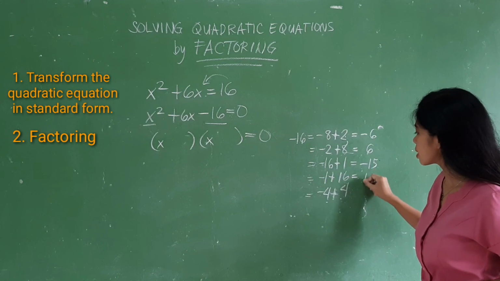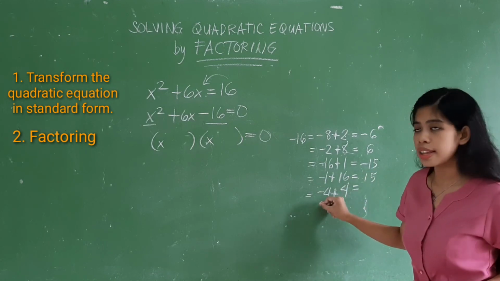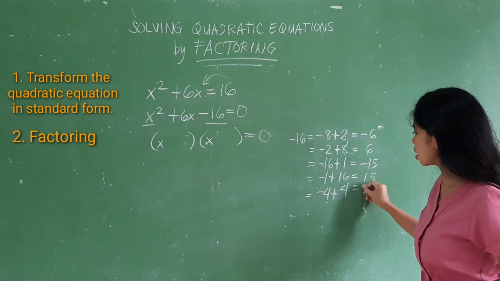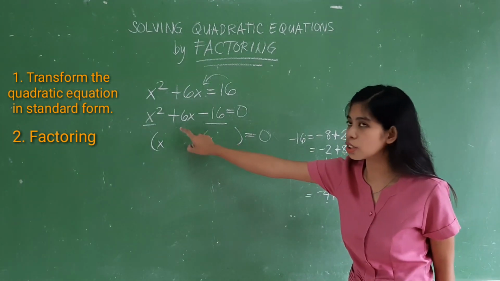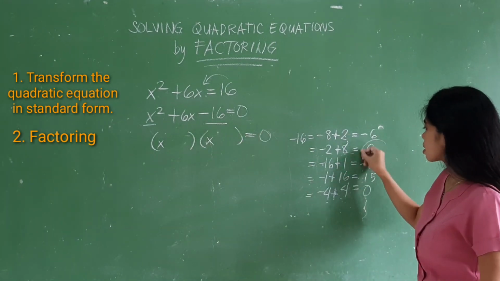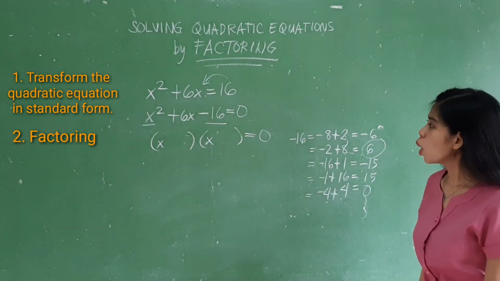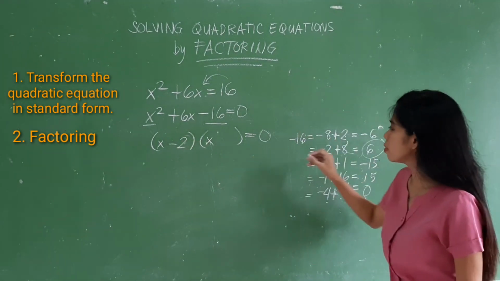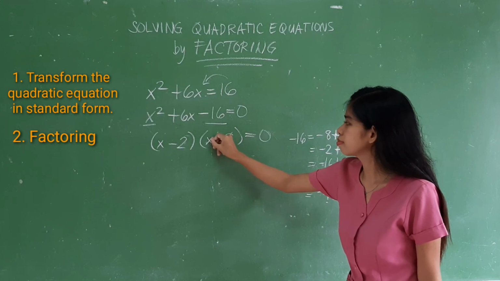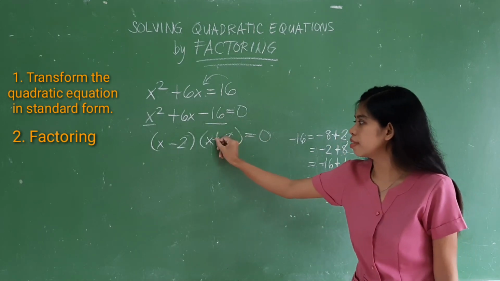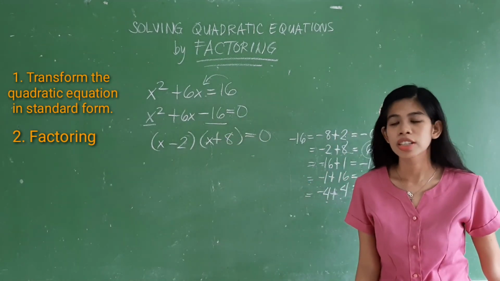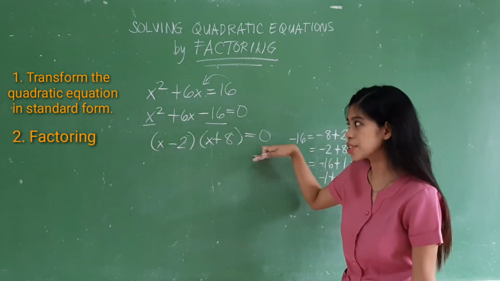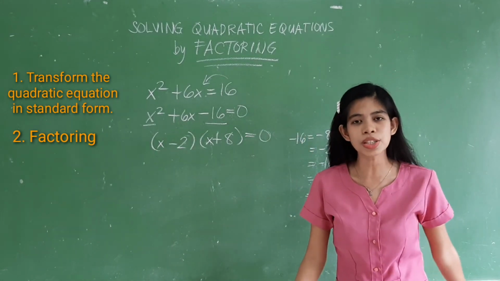Negative 1 plus 16 is positive 15. And negative 4 plus 4 is 0. Once again, the middle term is 6. Therefore, we are looking for negative 2 and positive 8 as the factors of negative 16. So these are now the factors of this given quadratic equation.